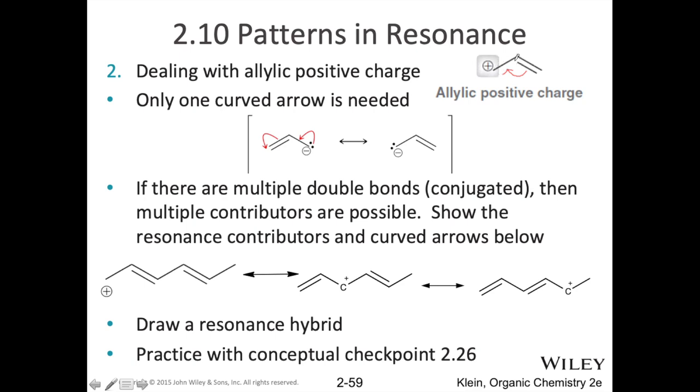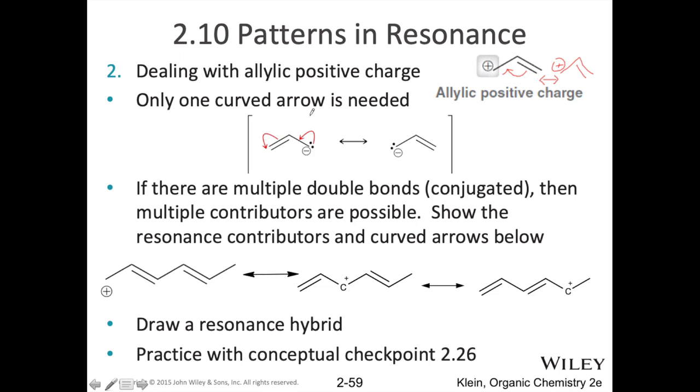Now, what's going to happen then is this carbon is going to have 4 bonds and lose that positive formal charge. But this carbon, because it's losing a bond, winds up getting that positive formal charge instead. So the resonance contributor for this is going to look like this. You'd have a double-headed arrow between these two things. But that's basically what that contributor looks like.